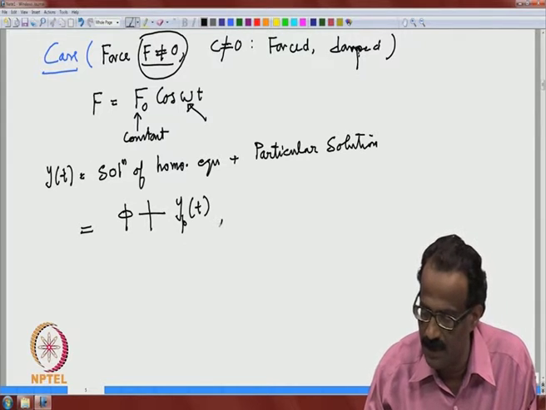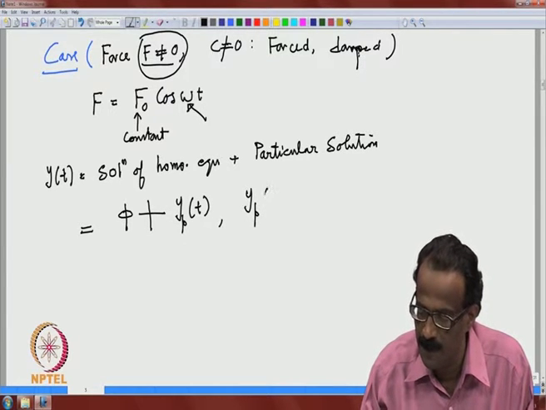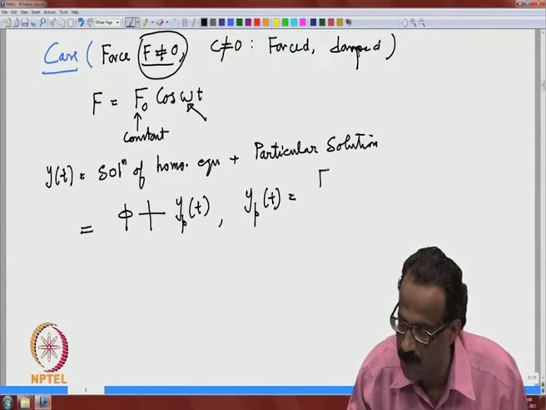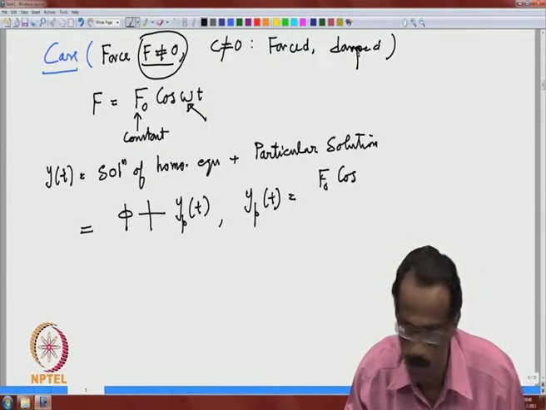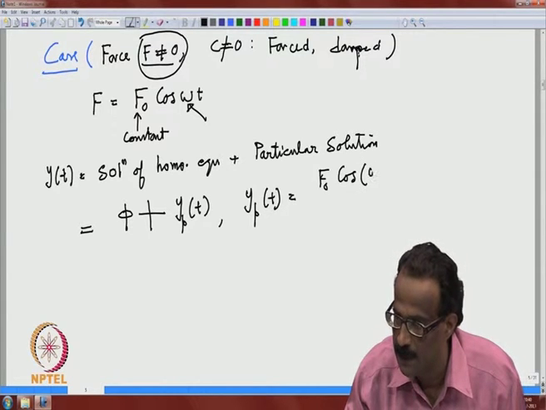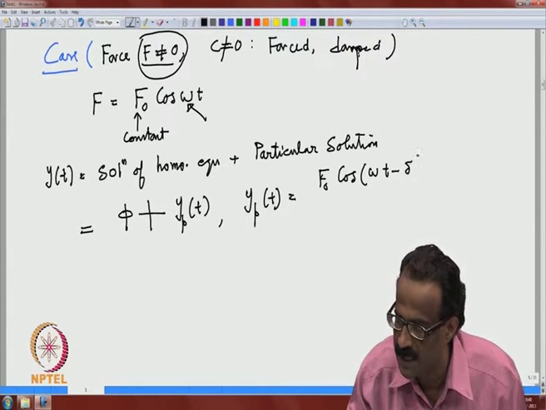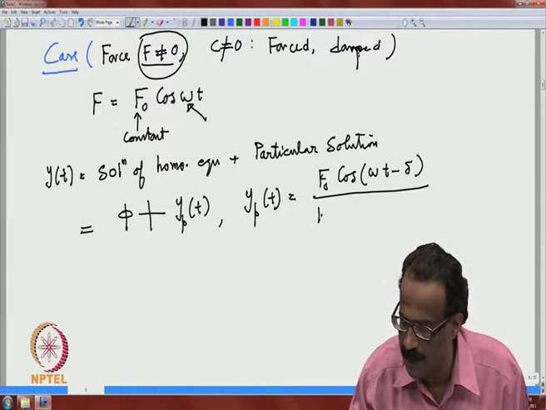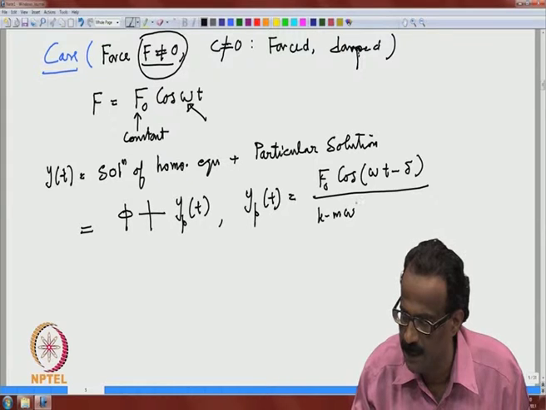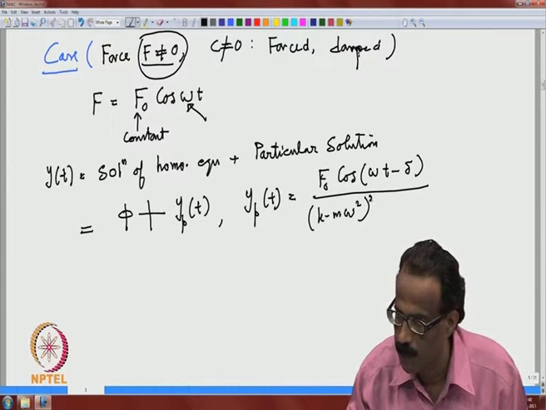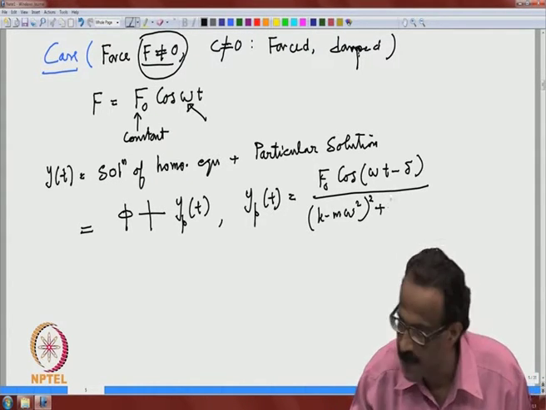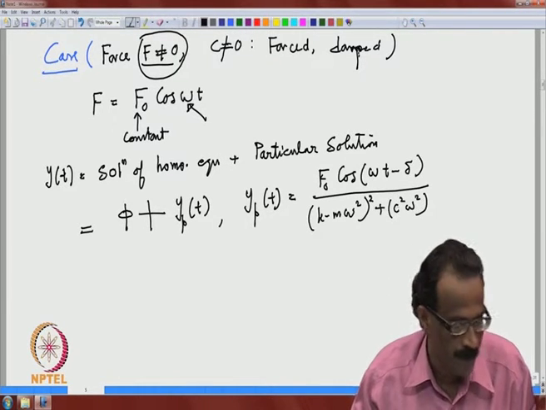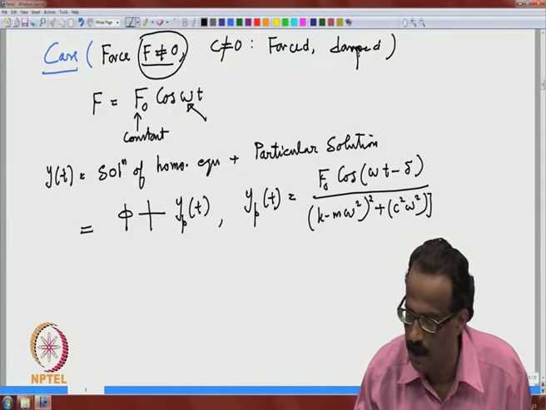And what is the particular solution yp(t)? Let me write it down. I have F naught cos of (omega t minus delta) divided by something a little complicated, but you can see it is (omega naught square minus omega square) whole square plus c square omega square, whole power half.